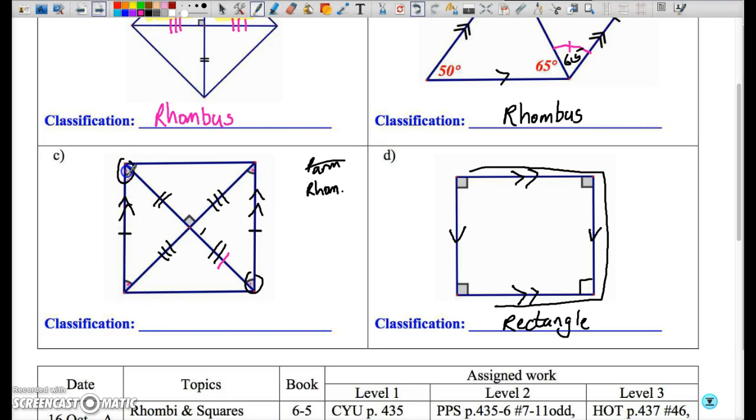Similarly, if these two angles are congruent, these two sides are, and we actually end up with the diagonals being congruent to each other and being cut at 90. That means it's also a rectangle, and that allows us to conclude that it is in fact a square.